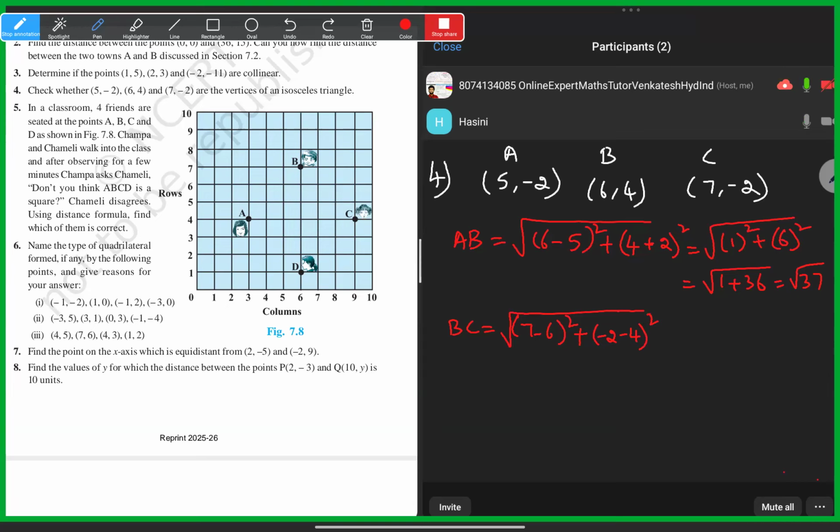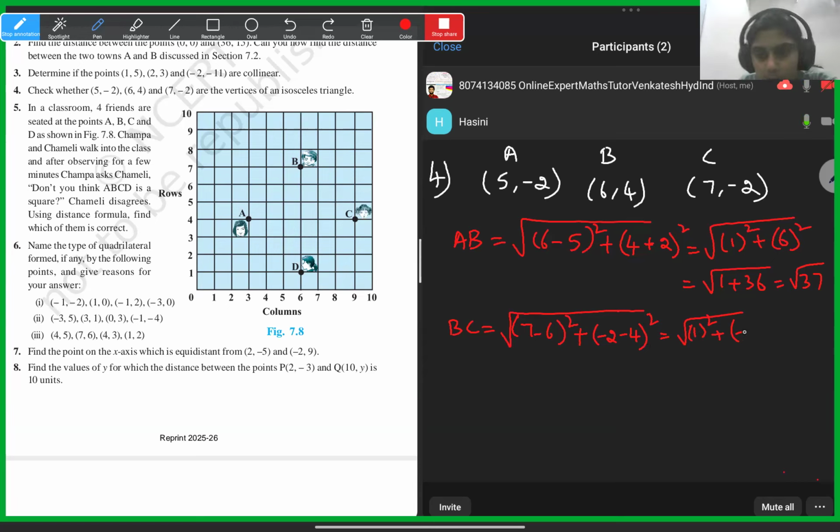Here only one minus will come because 4 has no negative sign, so plus will not come in the middle. 7 minus 6 is 1, so 1 square plus (-2 minus 4), which is minus 6, whole square.